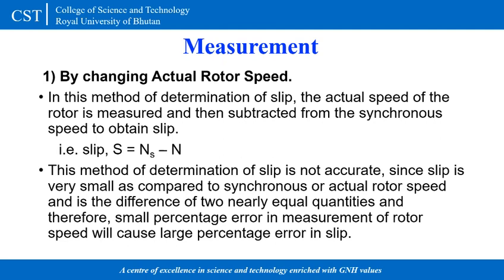N will be already given in the specification of the motor. Like I said earlier, we considered it as the value of ns 1400 rpm, right? Likewise, we can directly get the value of n from the specification in the motor. Now, what we really need to focus on is finding the value of ns.